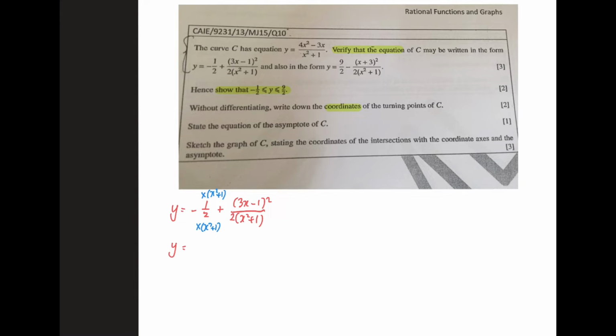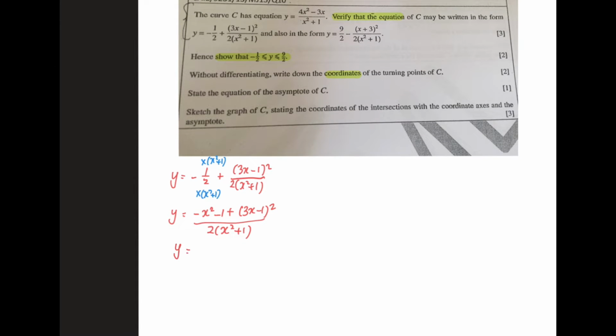If that happens, then this is true. So we do like this: (3x minus 1) squared over, now they have the same denominator already, so I just combine them, minus x squared minus 1.